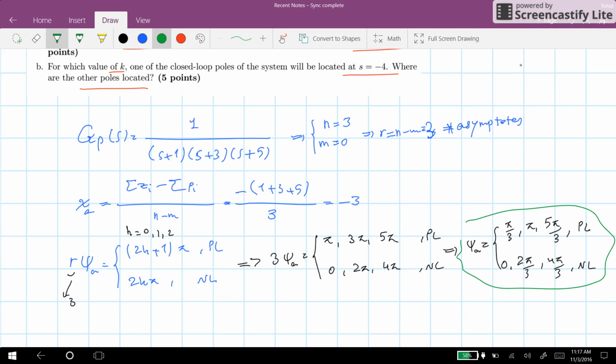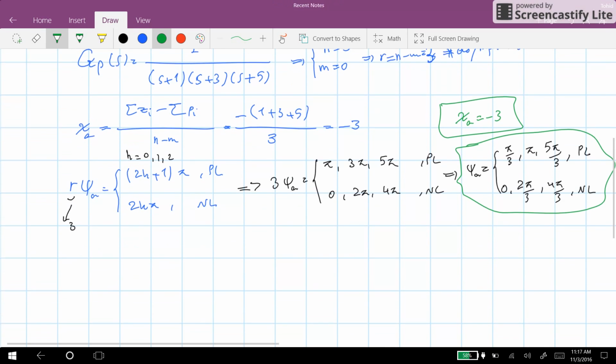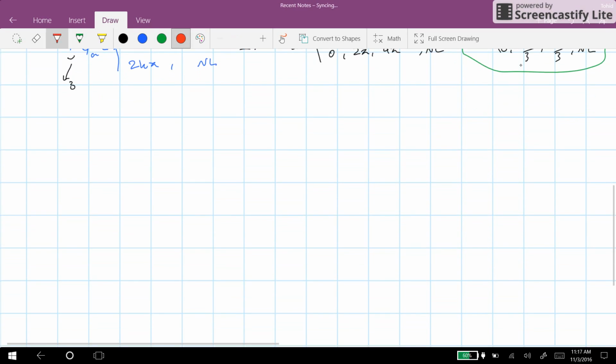So we know all the information regarding the asymptotes, and we can already start to draw the root locus. Let's prepare one graph for the positive locus and one for the negative locus.